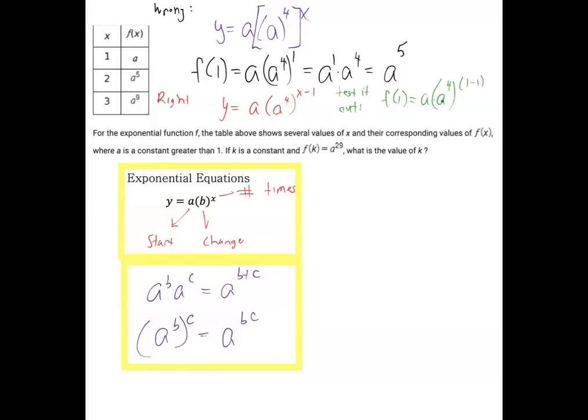This whole thing here is to the 0 power. So we end up with a. And that worked out well. So now we have our equation. Our equation is y equals a times a to the fourth to the x minus 1 power. And now we can do our work.